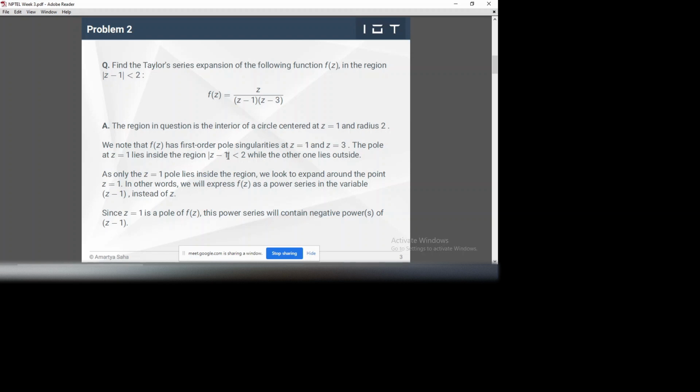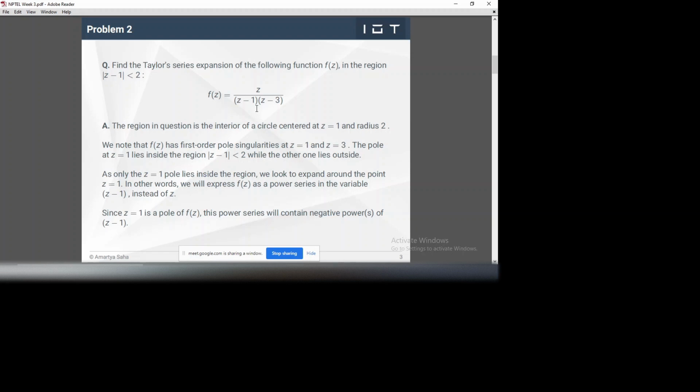But the other pole at z equal to 3 is just outside, because the boundary of the circle is not considered part of the region. It lies on the circumference, so it is at the boundary. So z equal to 3 just lies outside the given region. The function f of z in the given region has a singularity at z equal to 1.